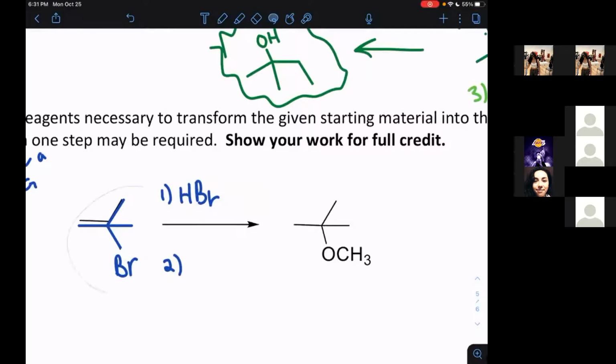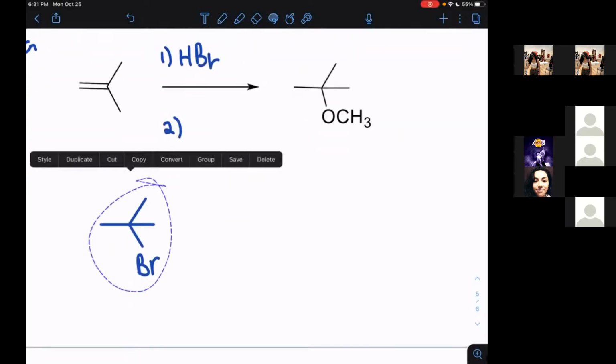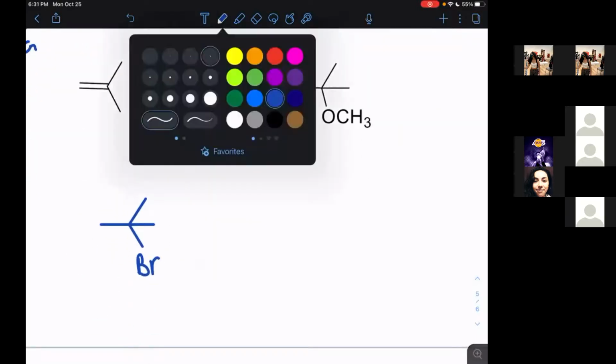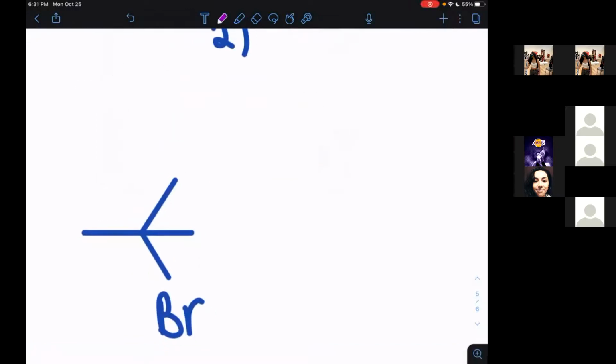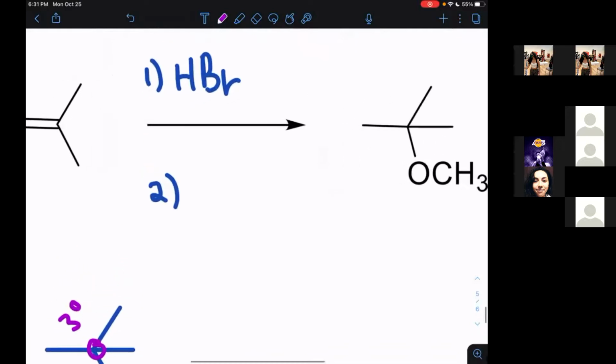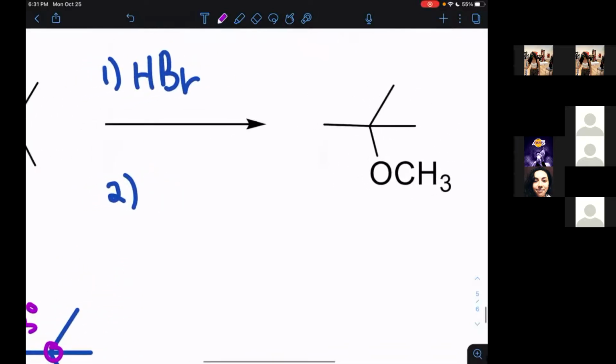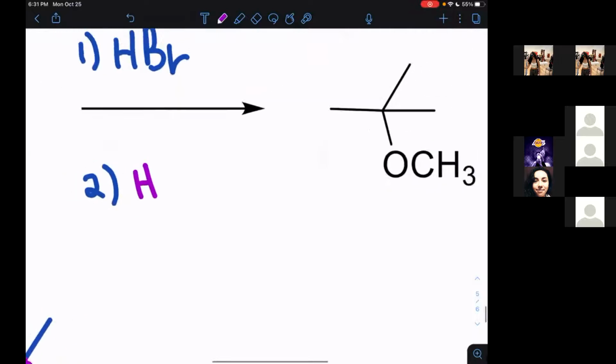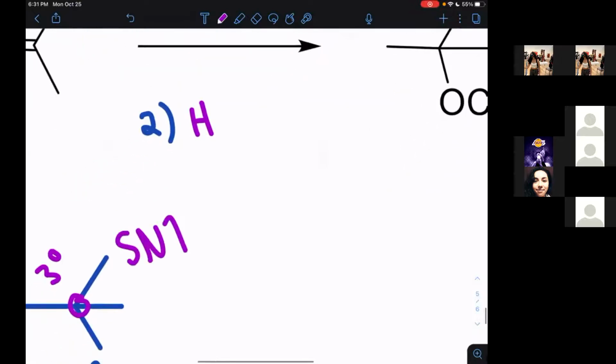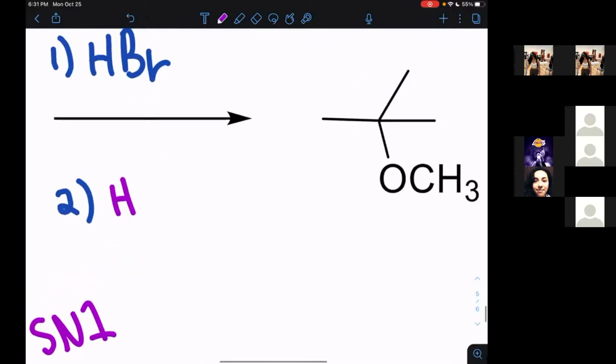So that's our first step. And then second step, this is a third degree one, so it's going to be SN1. So it'll be this just with a hydrogen in front, basically. So I'll say SN1, HOCH3.